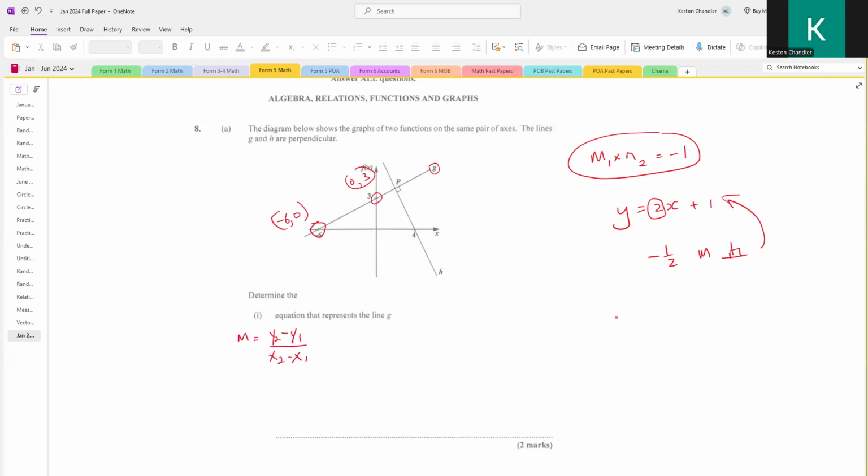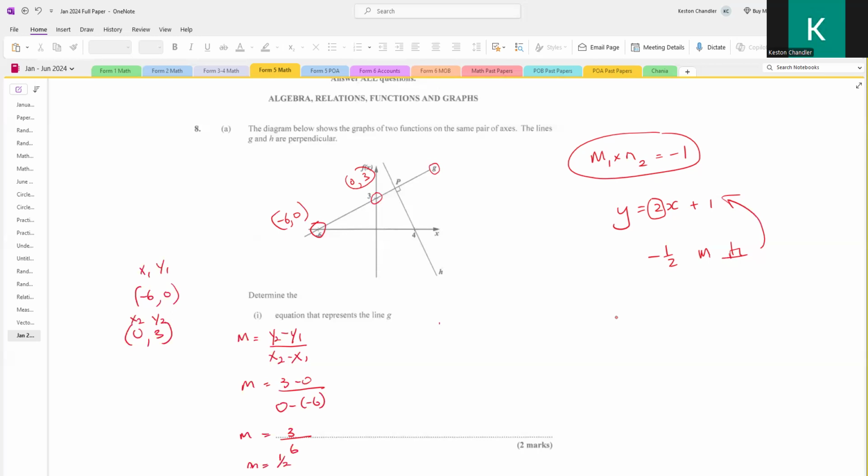We have 2 points: (-6, 0) and (0, 3). This is x1, y1, x2, y2. 3 minus 0 over 0 minus -6. That is going to give me 3 over +6, because minus by minus is plus. So my gradient is a half.